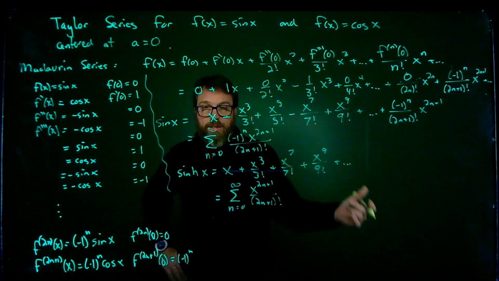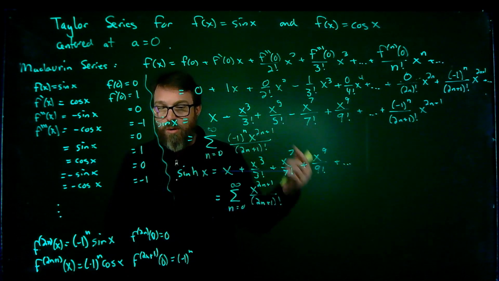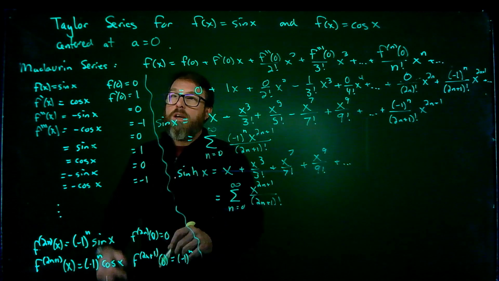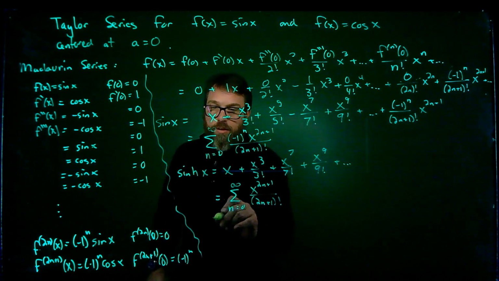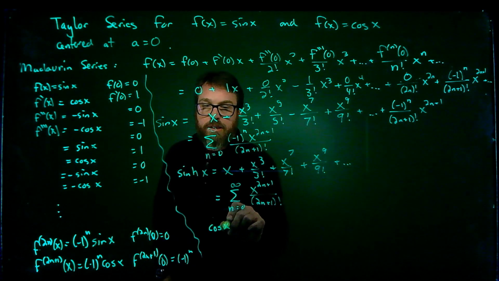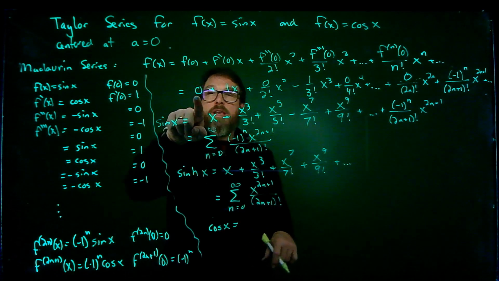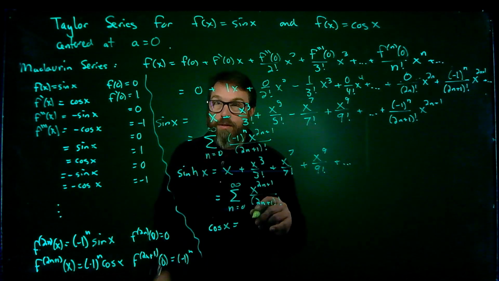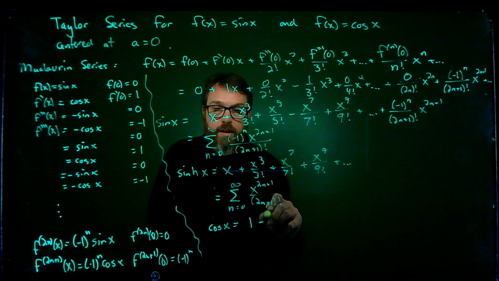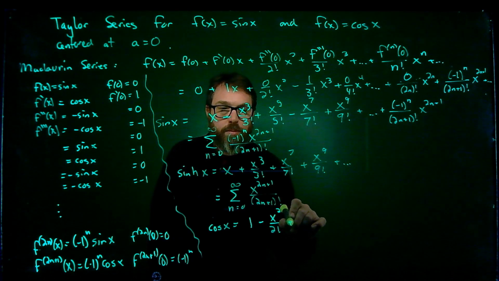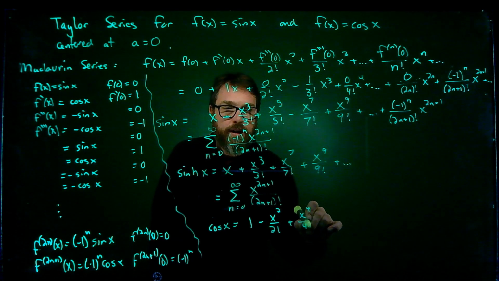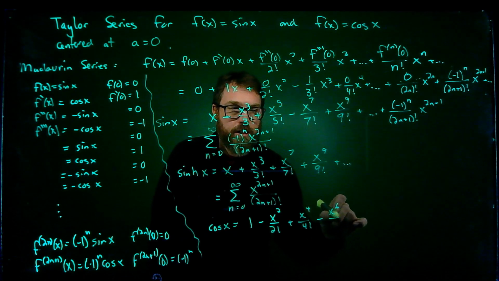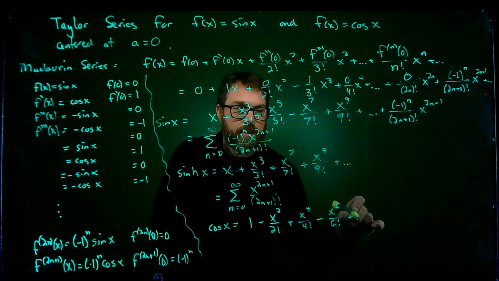Now, very similar for the cosine and the hyperbolic cosine. We know this is going to follow a very similar pattern. For the cosine of x, this will be 1, this will be 0, this will be negative 1, this will be 0, and it's going to flip. So this is going to be 1 minus x squared over 2 factorial plus x to the 4th over 4 factorial minus x to the 6th over 6 factorial plus, and so on.